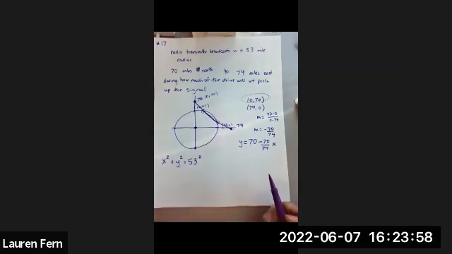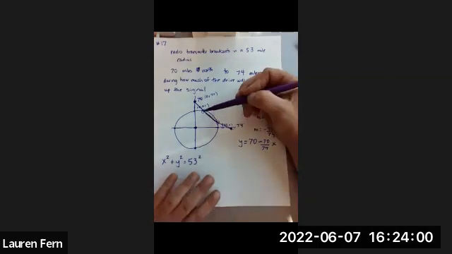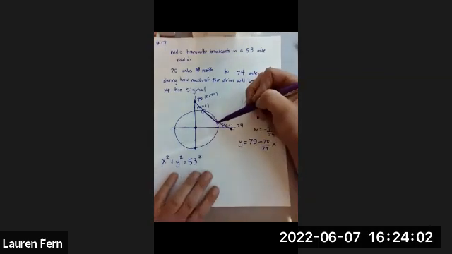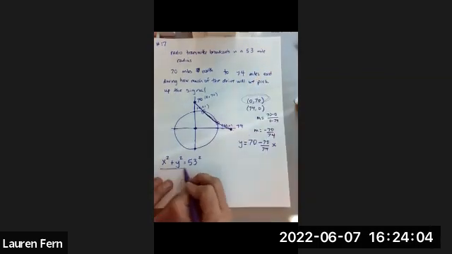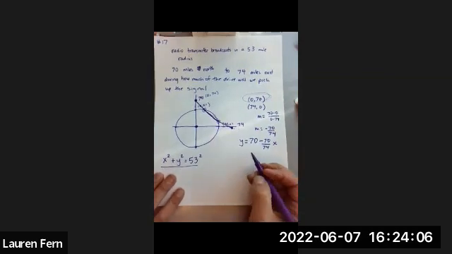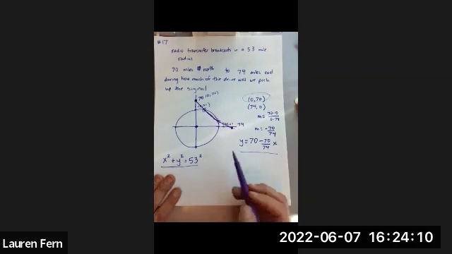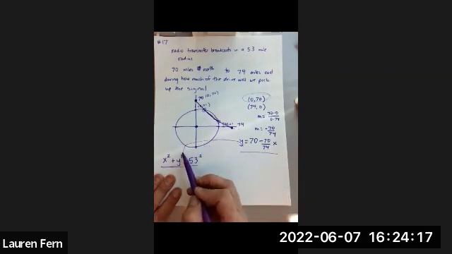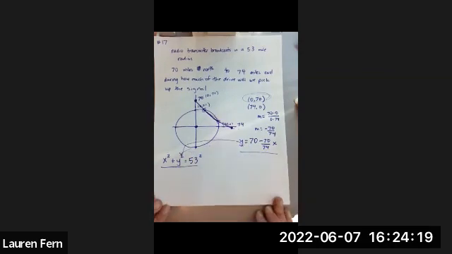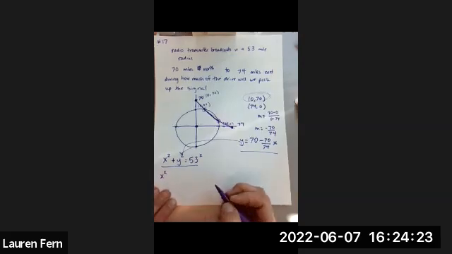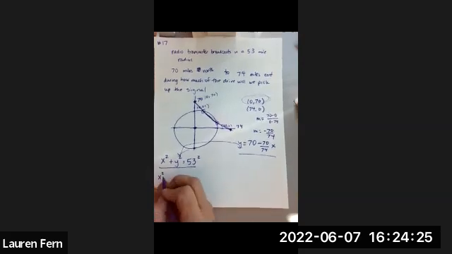Again, our goal is to find out where these intersect. If we need to satisfy this equation and this equation at the same time, we know what y has to be, so what I'm going to do is plug that in. Now, I didn't say this is pretty, so bear with me.